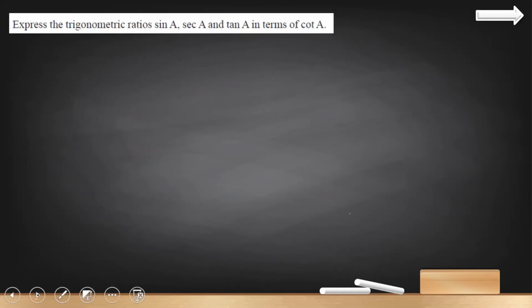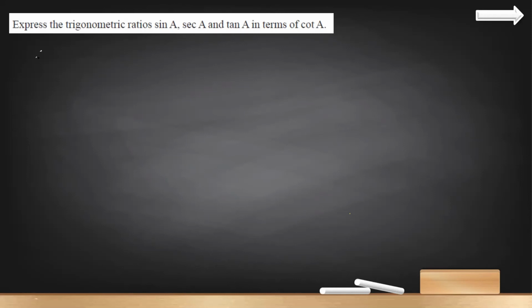Let's see one more question like this. Now, this question says express trigonometric ratios of sine A, sec A, tan A in terms of cot A. Okay, so that means your RHS should consist only of the cot ratios. Right, now how do we go with this? Okay, let us do step by step. Now, cot A. Now, what is the identity of cot? Cot is with cosec.